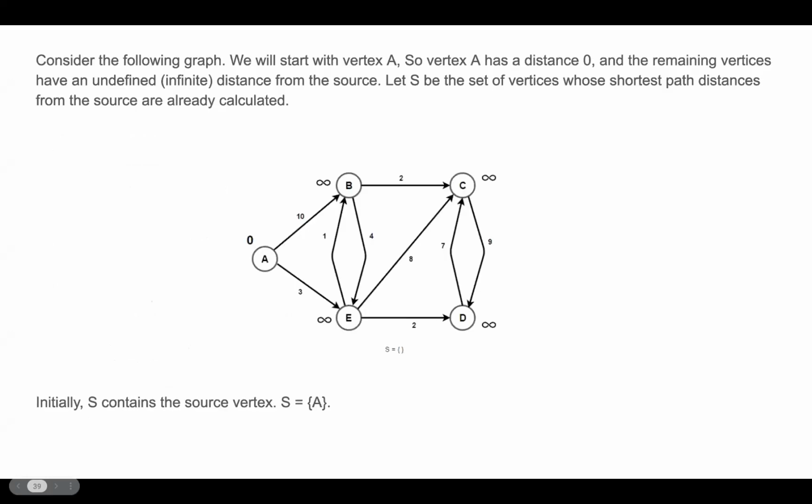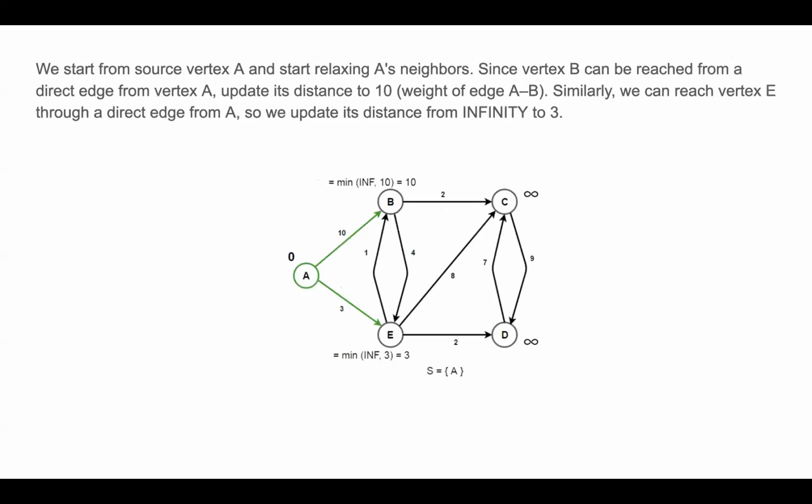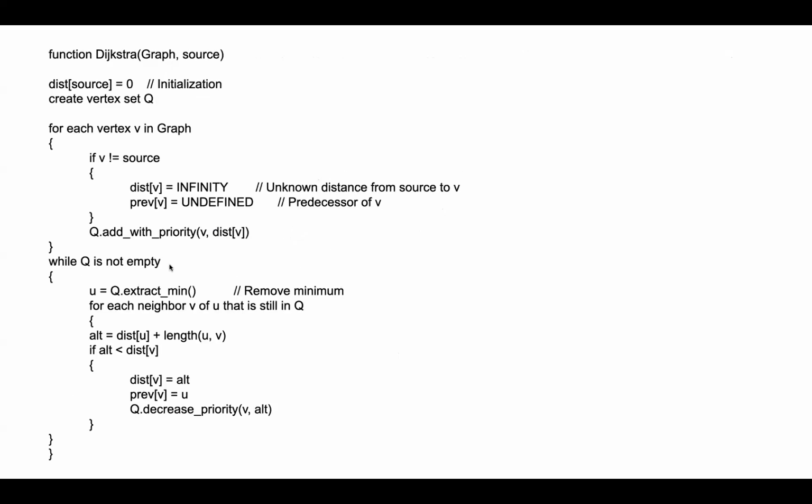What will be there in the next? This is U and this is V. Then again for the next node, this B will be assigned to U and C will be assigned to V. This entire process will be performed there.